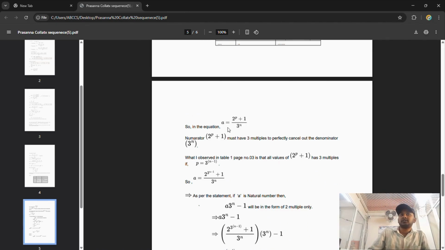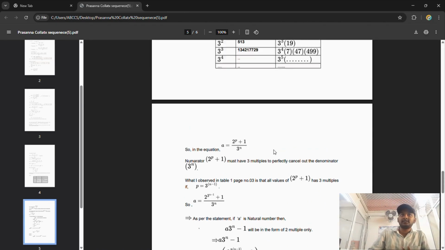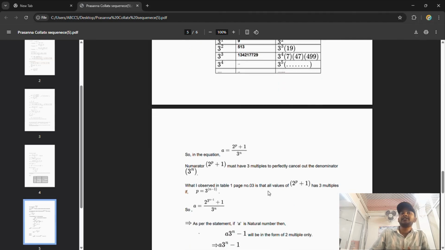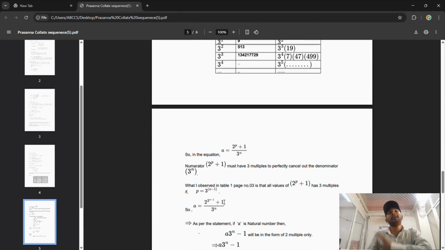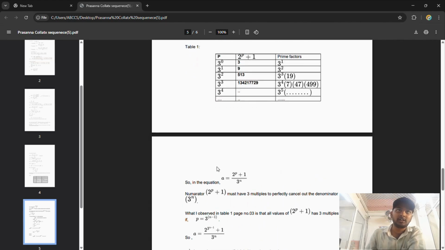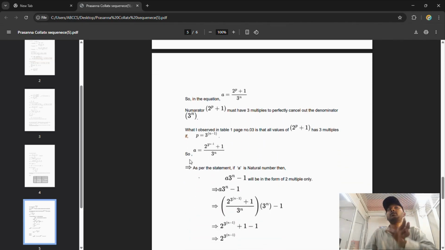What I observed in table 1, page 3, is that all the values of 2 to the power of p plus 1 have 3 multiples if p is equal to 3 to the power of n minus 1. You can check whether it is true or not. So a is equal to 2 to the power of 3 to the power of n minus 1 plus 1, divided by 3 to the power of n, is the perfect value for a. In this way, a will be a natural number.